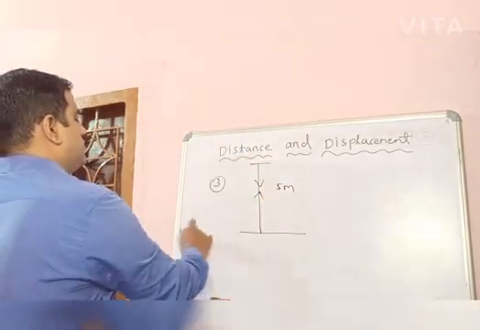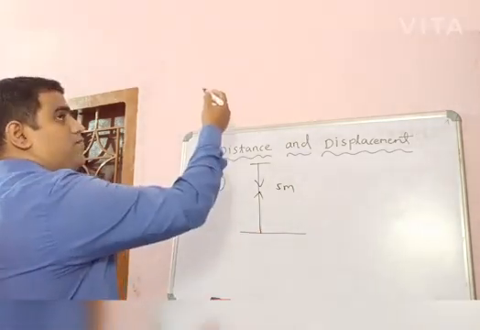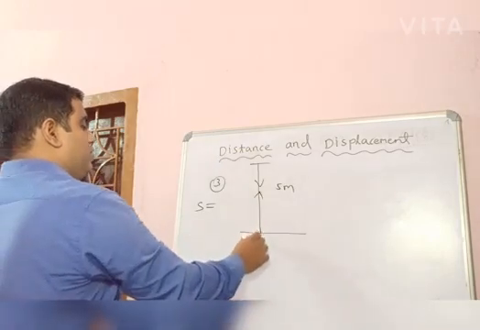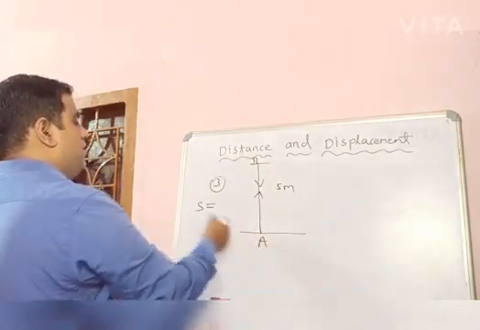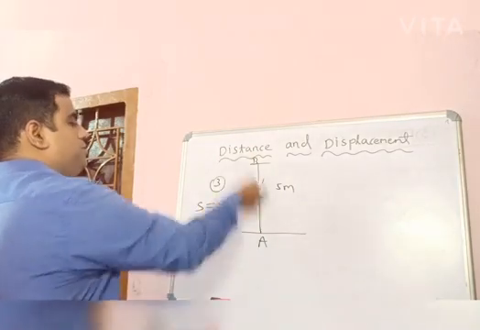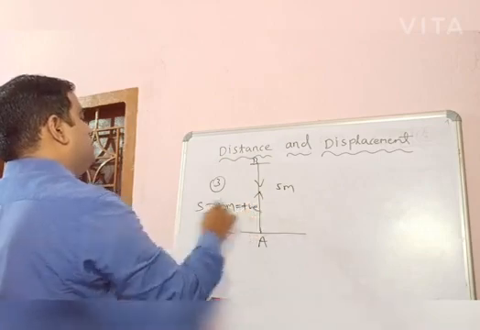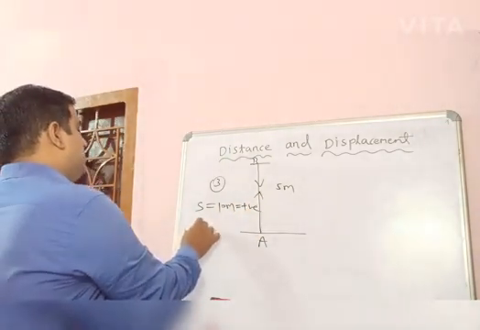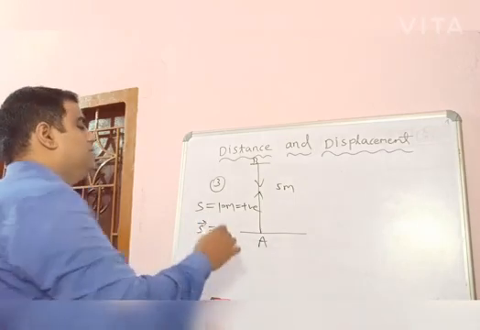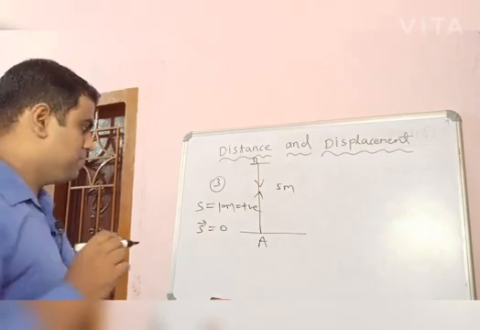Then distance is 5 meter in upward direction and 5 meter downward. The total distance traveled is equal to 10 meter, 5 meter upward and 5 meter downward. It is a positive quantity. Okay, and displacement is 0 because the shortest path from A to A is 0. Clear, sir?